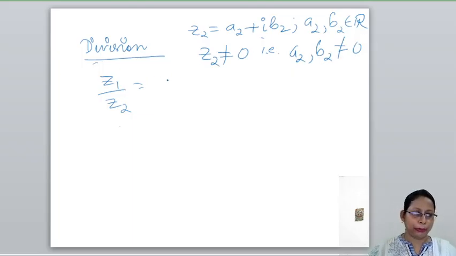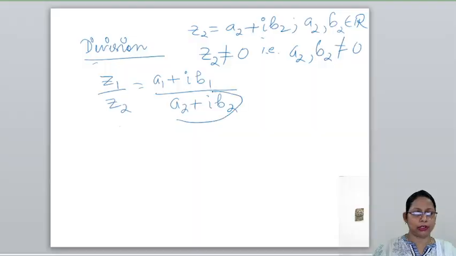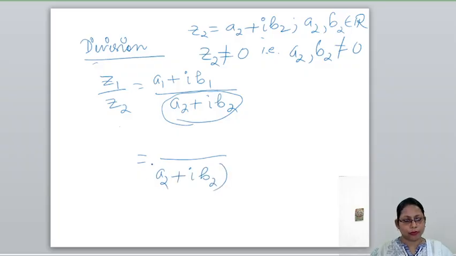So put the values: a1 plus i b1 divided by a2 plus i b2. First make this denominator free of the imaginary unit. To make the denominator free of i, we will multiply the numerator and denominator by this.